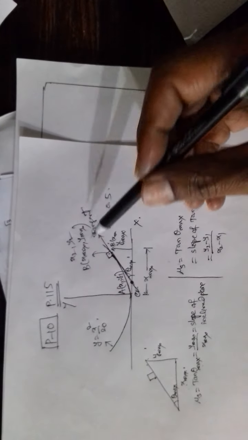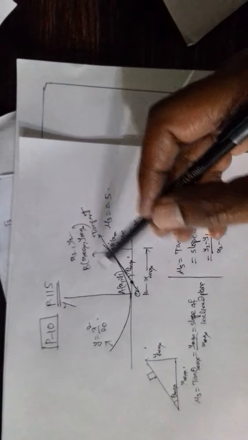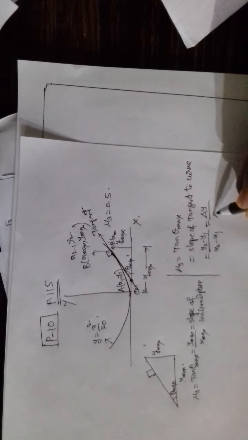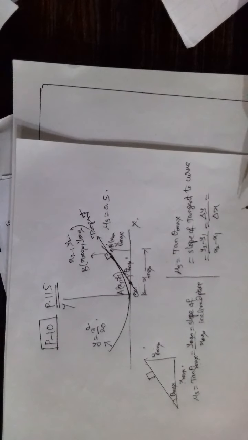So y2 minus y1 by x2 minus x1. So here y2 minus y1 means delta y, x2 minus x1 means delta x, or dy by dx.